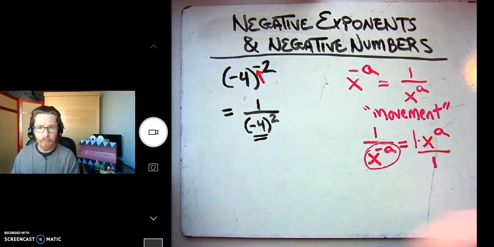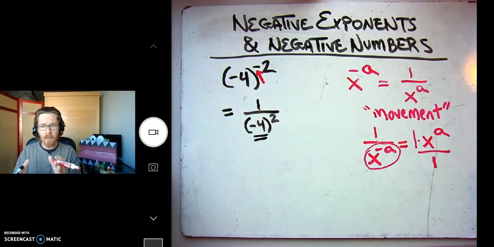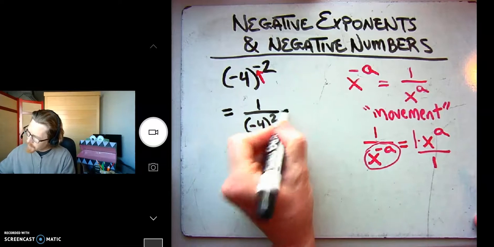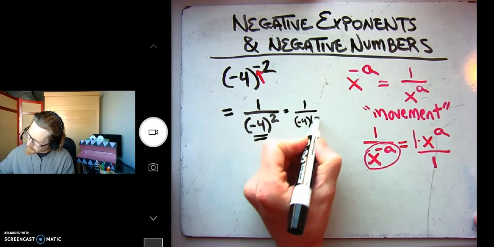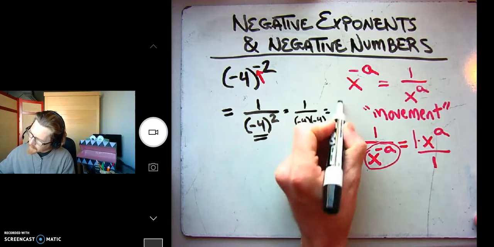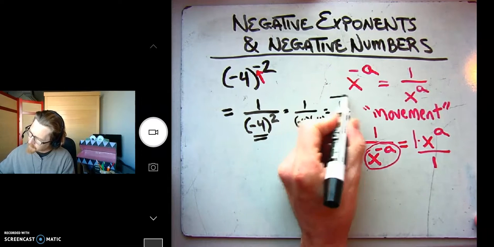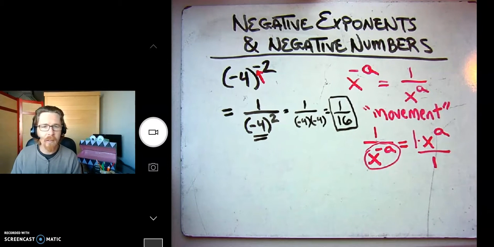Because this negative 4 is in parentheses, that value is negative 4. So really what this question is saying is negative 4 times negative 4, and we end up with a positive 1 over 16. So negative 4 in parentheses to a negative power has a value of 1 over 16.